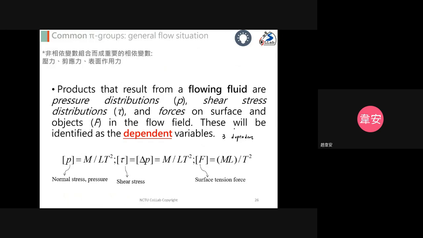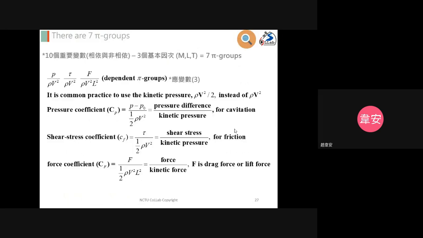So the previous slide just showed the 7 independent variables, and here we have an additional 3 dependent variables. So in total we have 10 important variables. And if you take a look at the dimensions of the 10 variables, we only have 3 basic dimensions, such as mass, length, and time.